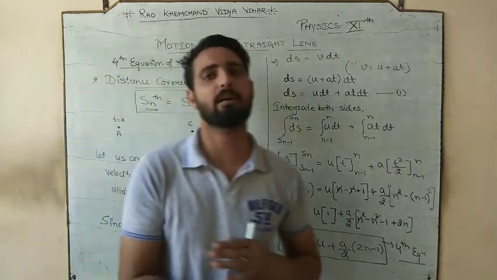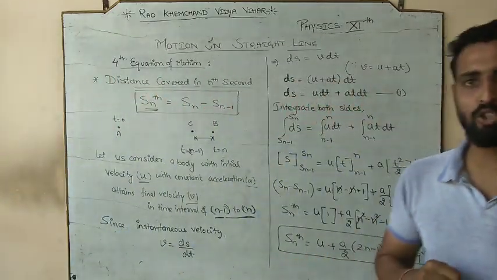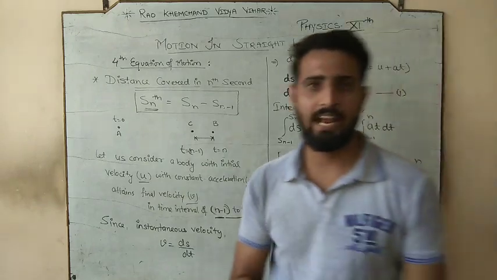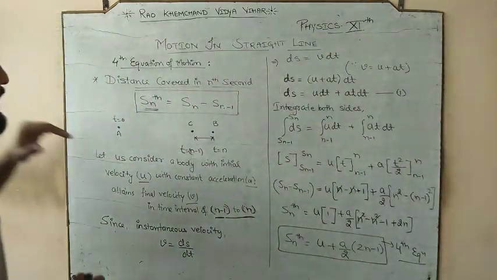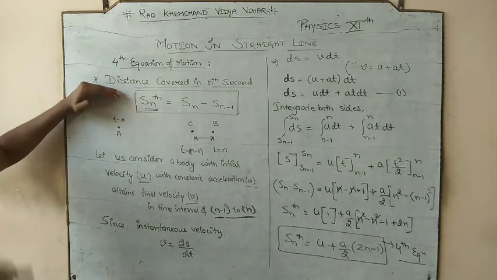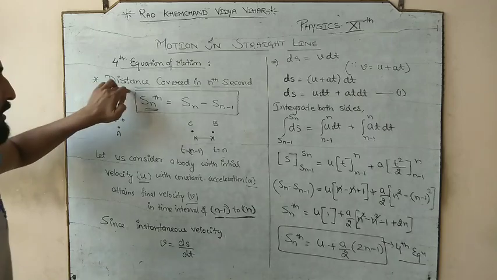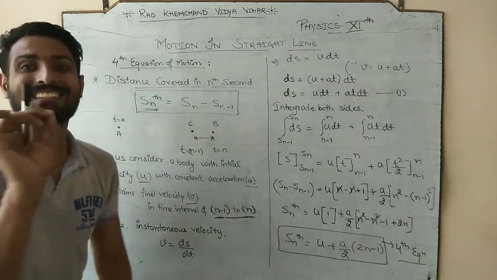So we have studied the three equations of motion, but this is the fourth equation of motion that you have to add on. And what is the fourth equation of motion? It gives us the formula for the distance covered in nth second.